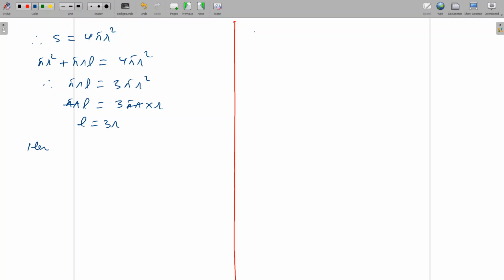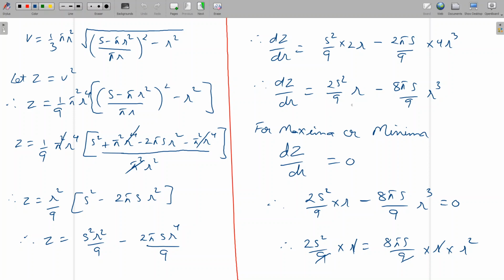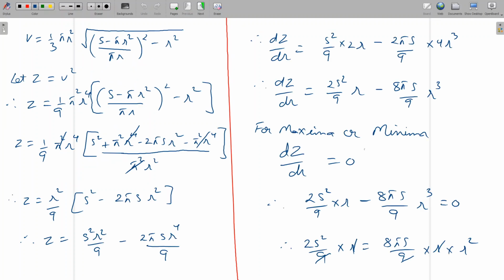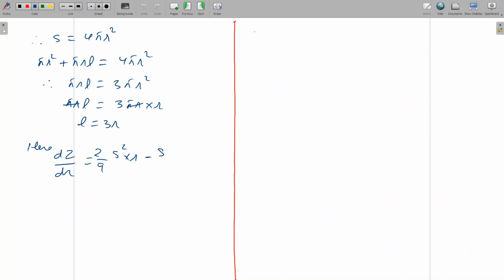So here dz by dr equal to, let us see what is our dz by dr. So dz by dr is 2 by 9 s square into r minus 8 pi s by 9 into r cube.